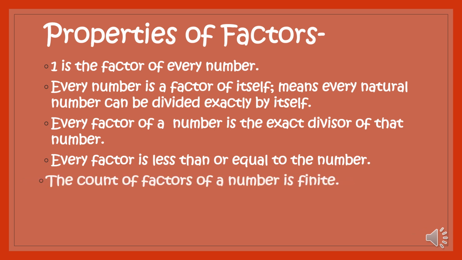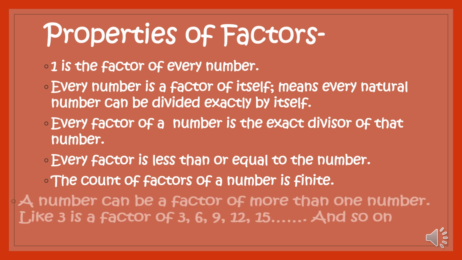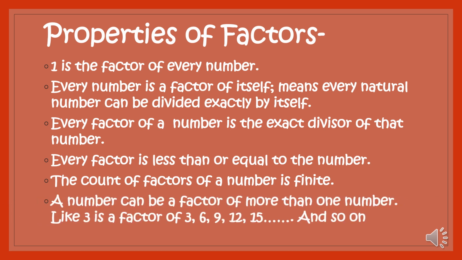The count of factors of a number is finite. Since every factor of a number is less than or equal to the number, however large the number may be, the number of factors of this number will be finite. And last but not the least, a number can be a factor of more than one number. Like 3 is a factor of 3, 6, 9, 12, 15 and so on.